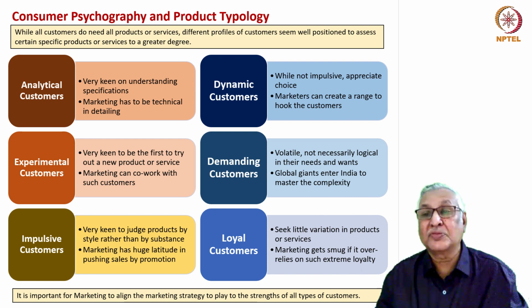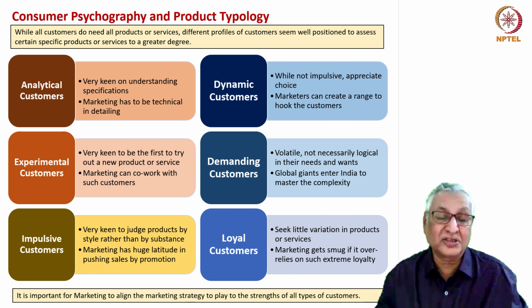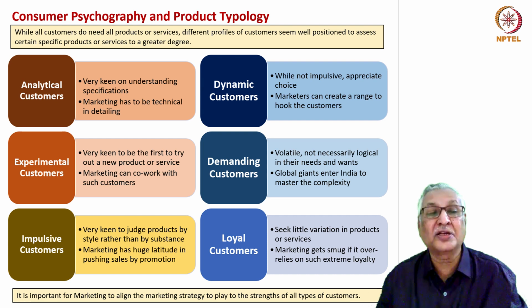Different profiles of customers are well positioned to assess certain specific products or services to a greater degree than other groups. Analytical customers are very keen to understand the specifications of a product. They are technically oriented, they are operationally inclined, and to match their requirements, marketing has to be very technical in detailing. Experimental customers are very keen to be the first to try out a new product or a service.